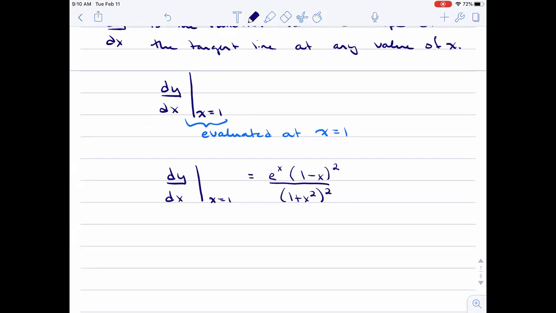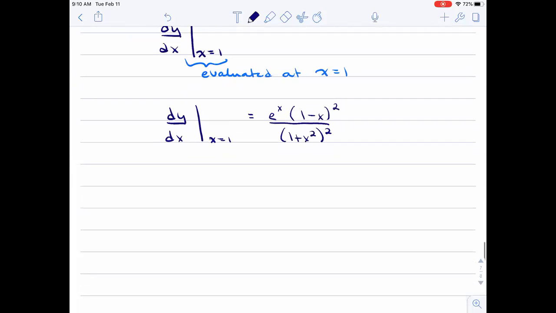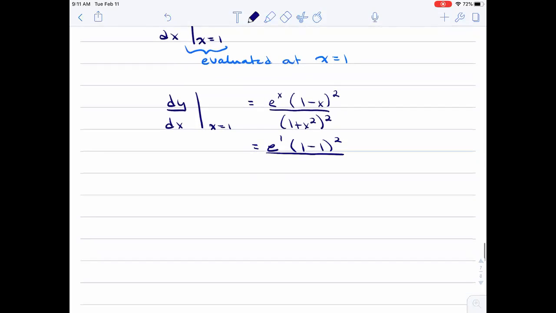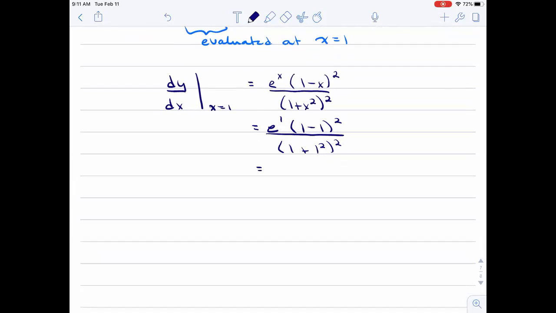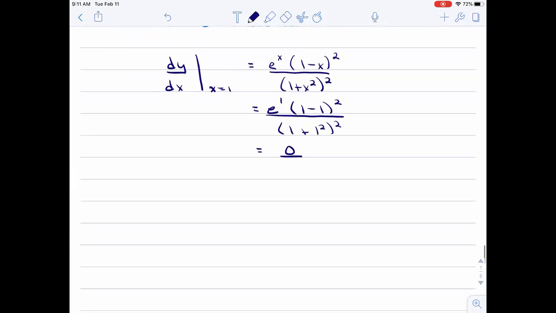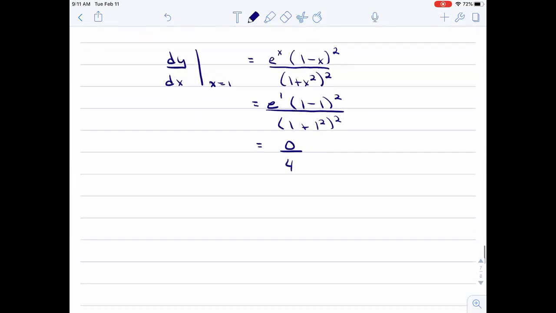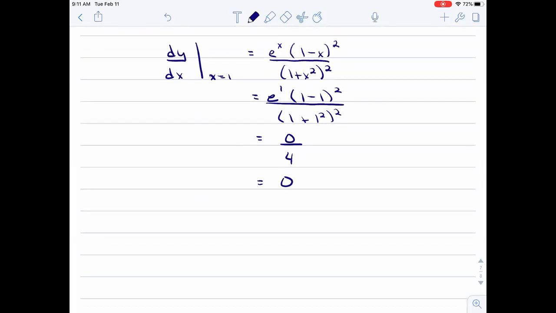Same as when we take just f of 1, right? We're just going to plug in 1 wherever we see an x. And so we get e to the 1 times 1 minus 1 squared. Uh-oh, looks like a 0 to me. That's okay. Over 1 plus 1 squared all squared. So I get 0 over 2 squared, over 4, is just still going to be 0, right? As long as I'm not dividing by 0, it's fine.